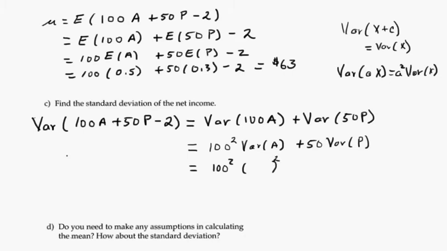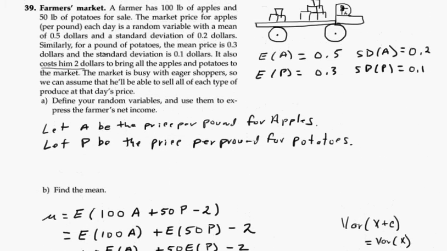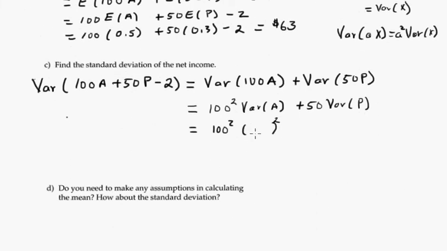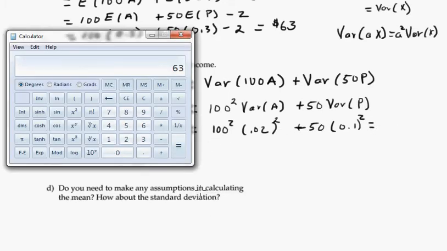The standard deviation of A was 0.2, so 100 squared times 0.2 squared plus 50 squared times 0.1 squared. Let's see if I can do that on the calculator.